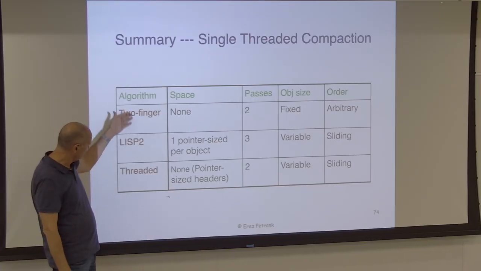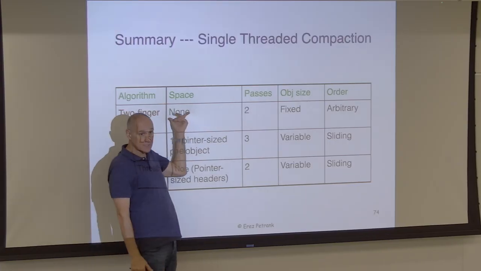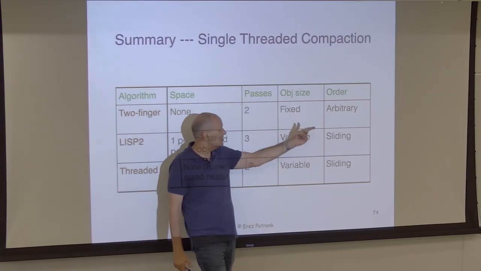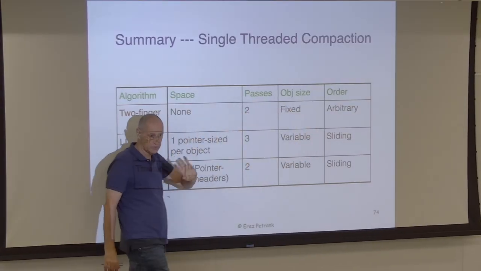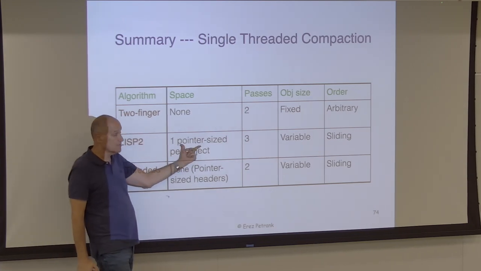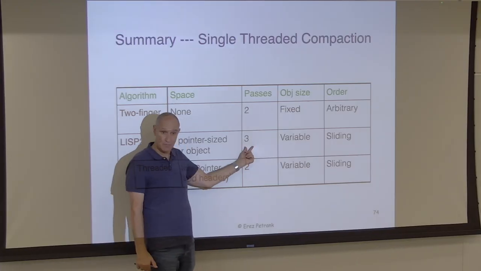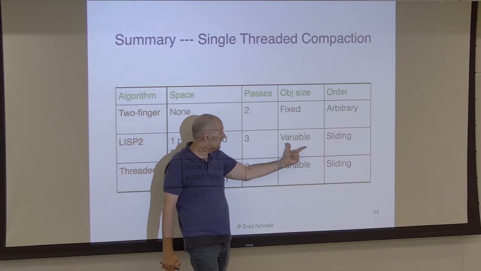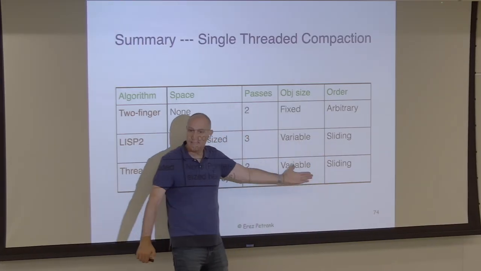If I look at what we've seen so far, the 2-finger doesn't need space overhead. It's 2 passes, but the object size is fixed and it has an arbitrary order, which is terrible. Lisp2 needs a space overhead of a pointer per object. It has 3 passes and it can work with variable size objects and it's sliding, which is good.